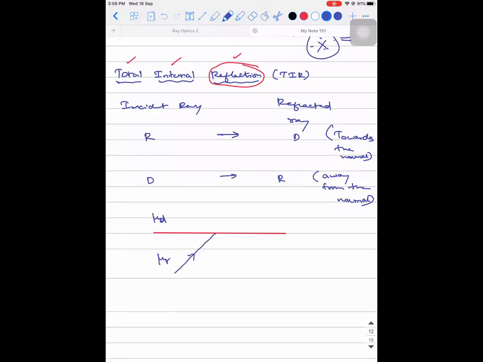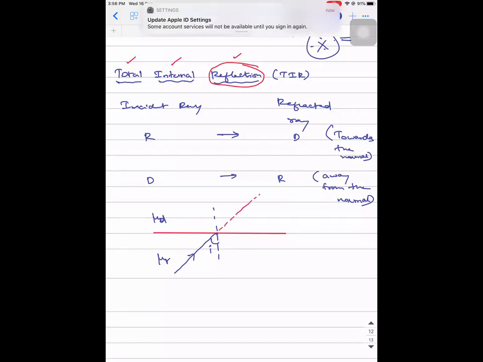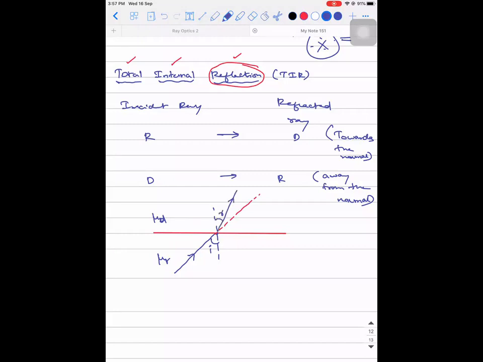First I draw the normal. This is i. The red line would have been the actual path, and the ray will start bending towards the normal. This is going to be r. Is my diagram clear?